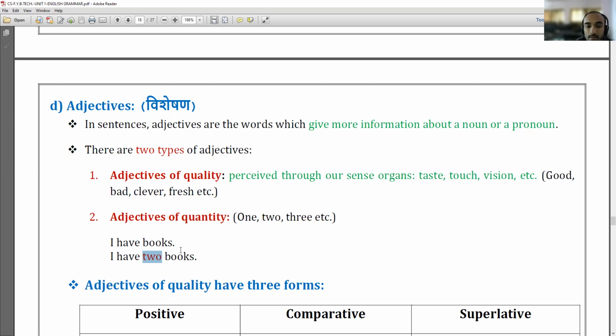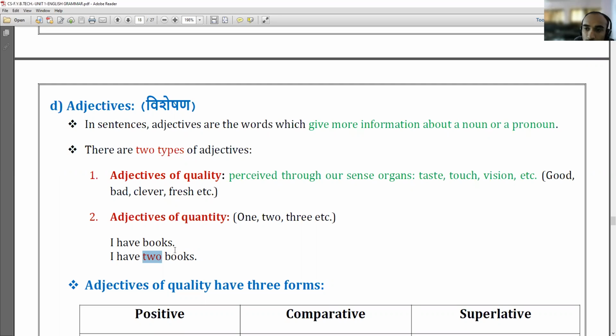Okay, and adjectives of quality are perceived through our sense organs, that is touch, taste, vision, etc. And the examples of adjectives of quality are good, bad, clever, tall, fair, dark, beautiful, ugly. Okay, so you can take any example, clever, intelligent. So these are called the adjectives of quality.